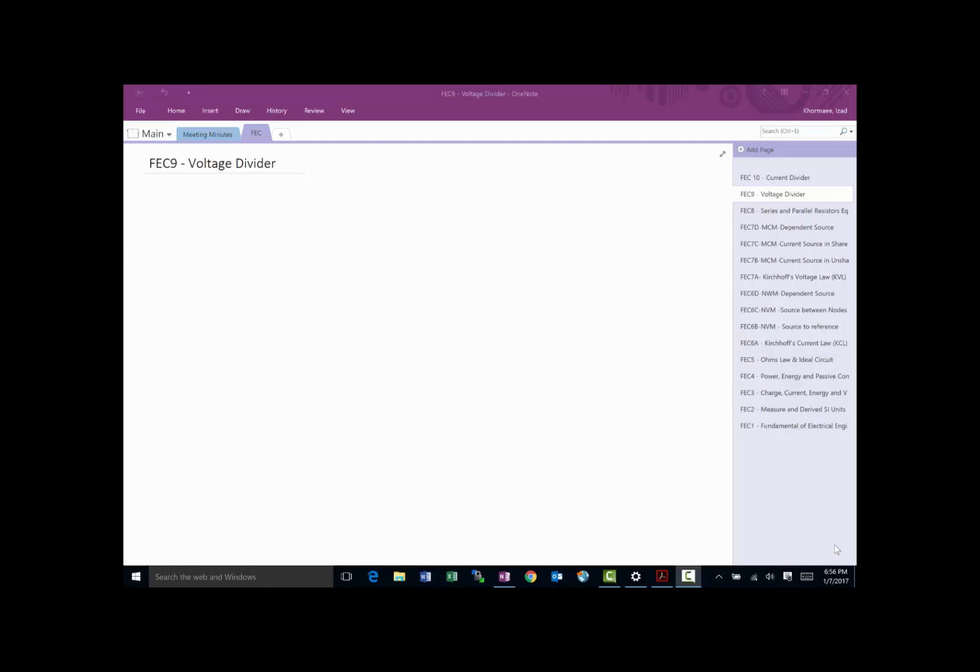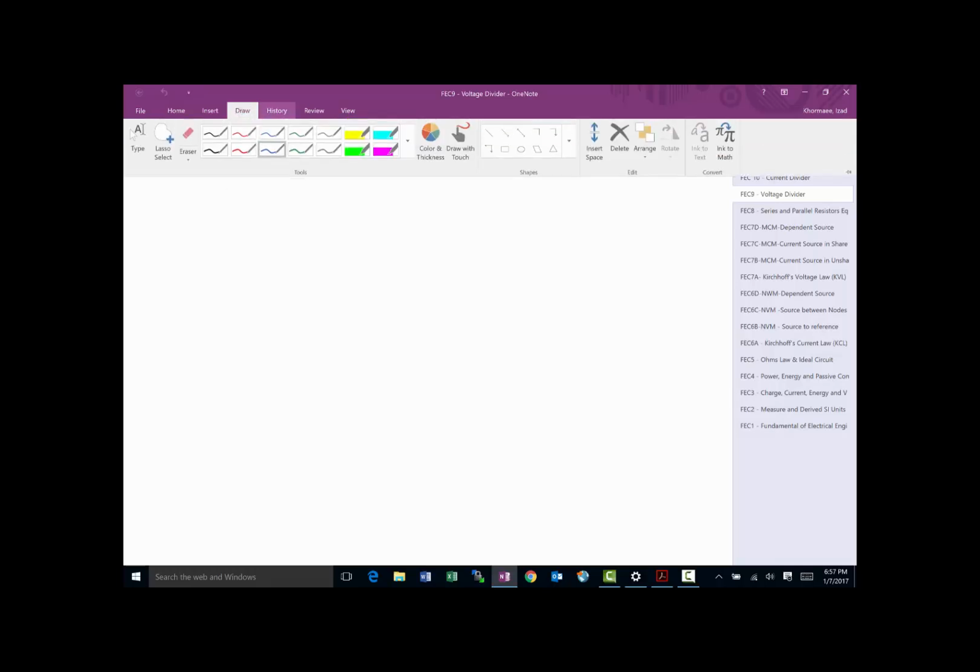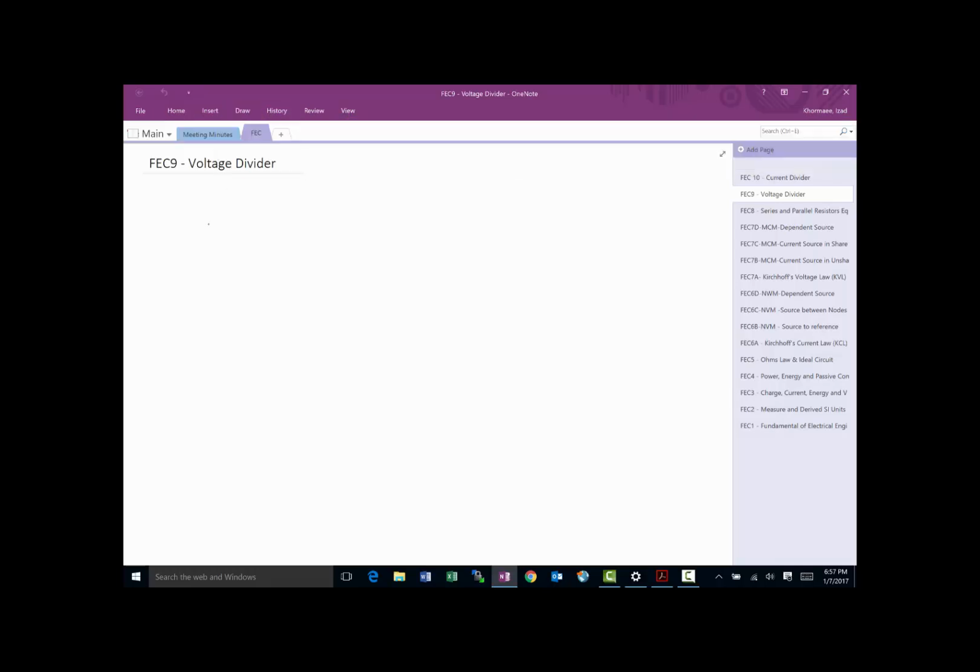So the simplest voltage divider you can have is a voltage source, let's say we have 10 volts here as an example, and your system really needs only 5 volts.